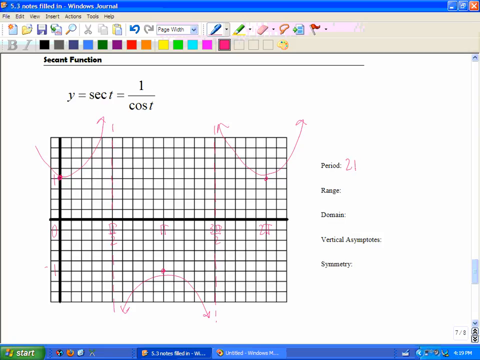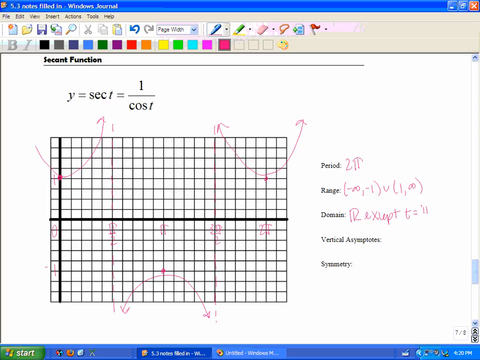So again, the period of this graph is 2 pi. The range again is flipped inside out from your normal cosine graph, so -infinity to -1 and 1 to infinity. This time our domain is all real numbers except we can't just say pi over 2, because pi and 2 pi are also multiples of pi over 2.